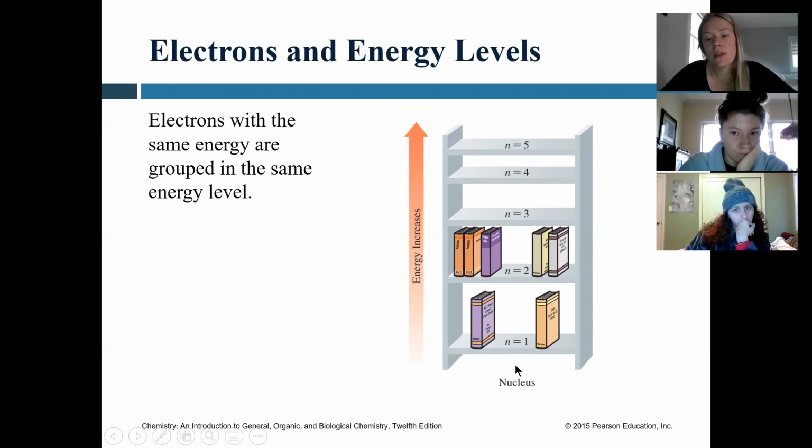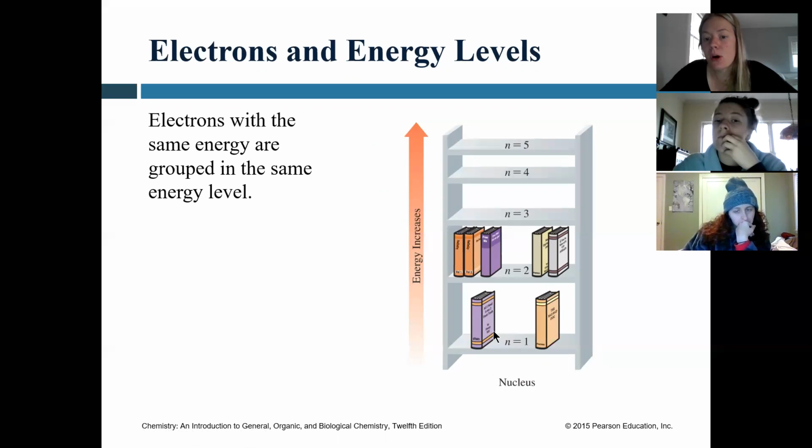We can think of the different energy levels as being quantized. That's what they call it, quantized. What that means is that they're discrete levels. Energy level 1 is the books on the lowest shelf. Here's the nucleus, low energy.